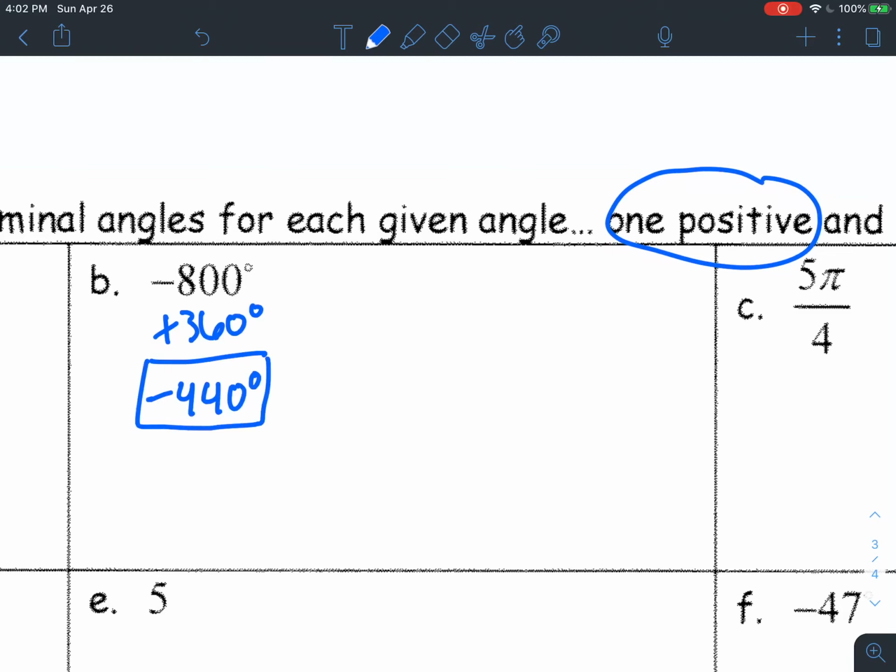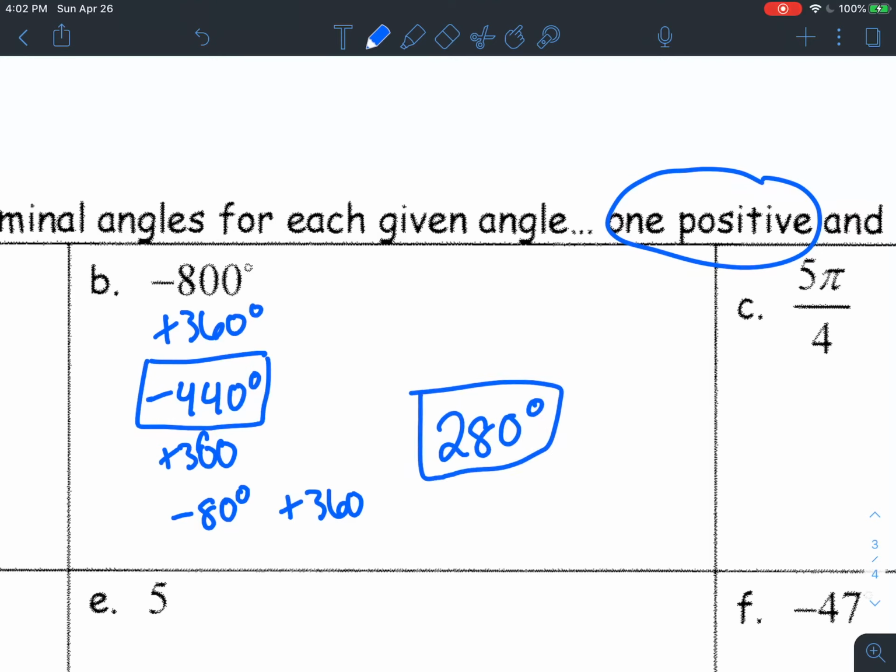So what you can do is then just keep adding 360, which in this case would be negative 80 degrees. That's still not positive. That's another option for a negative coterminal if you wanted to say negative 80 instead of the negative 440. But I have to add 360 again until I hit a positive number that is coterminal. 280 is the first positive coterminal angle.